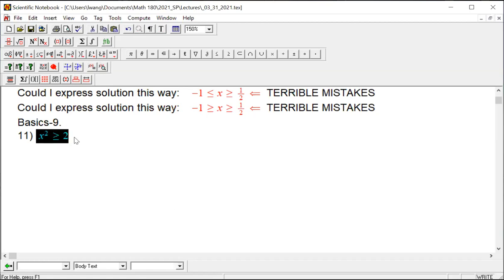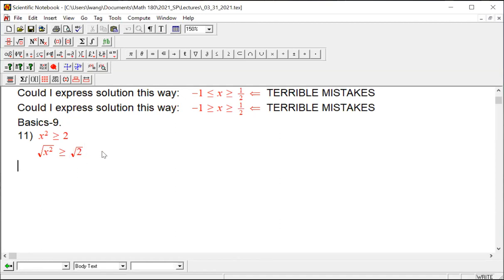So if this is true, we know this is an if statement. I don't want you to forget about that context, that grammar. If you take the square root on both sides, the absolute value of x is greater than or equal to the square root of 2.